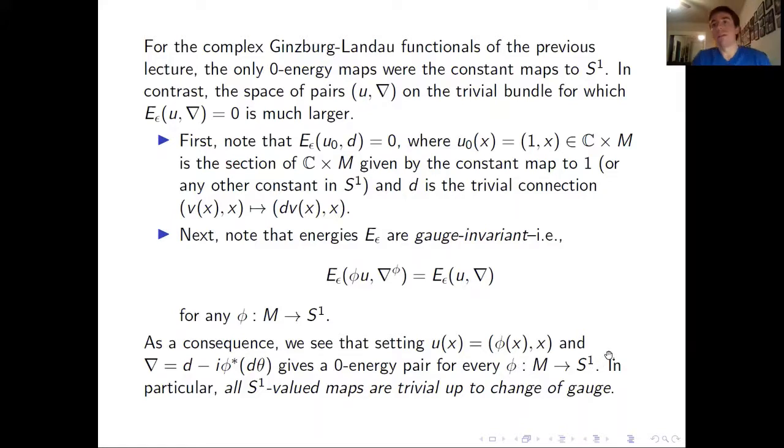So in particular, all S1-valued maps are seen as trivial by this energy if we choose our connection correctly. And that's going to be a key qualitative distinction with the functionals of the previous lecture, where we were looking at something that was telling us about the Dirichlet energy of S1-valued maps. Now somehow all S1-valued maps look the same up to changes of connection. So that's a key feature given to us by the gauge invariance and our ability to choose the connection.